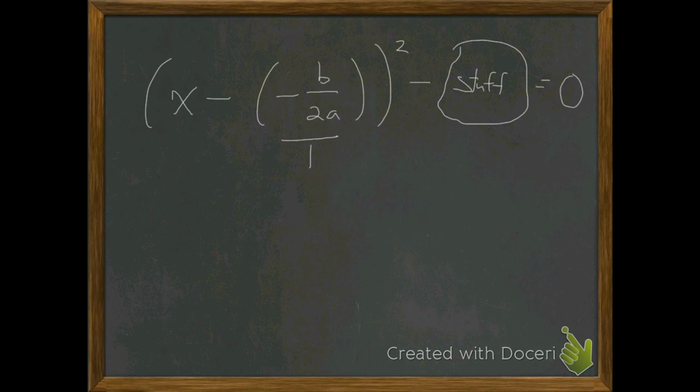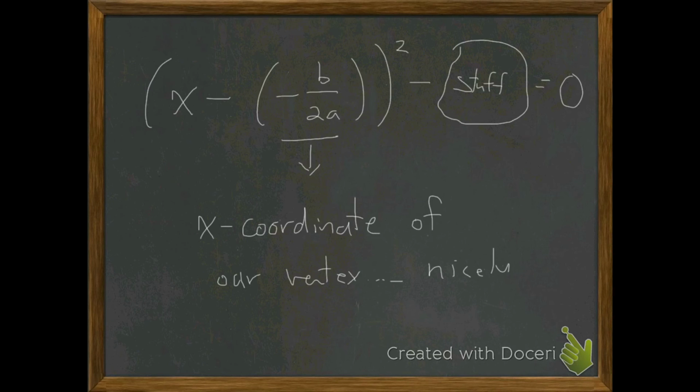So we know this right here is going to be the x-coordinate of our vertex, which by the way, very nicely creates the minimum value of the e to the power, which ultimately creates our maximum value. So I need to look at this negative b over 2a.